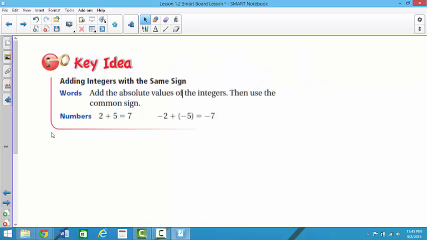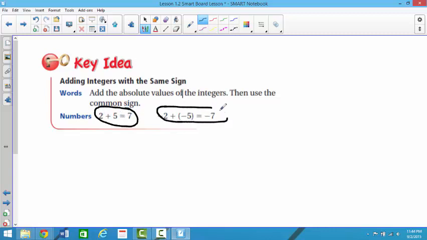So the key idea in this lesson is that you're going to be adding integers with the same sign, meaning that your integers are either all positive, a positive plus a positive, or all negative, a negative plus a negative. Or you could have integers with different signs, and we'll get to those types of problems in a little bit.